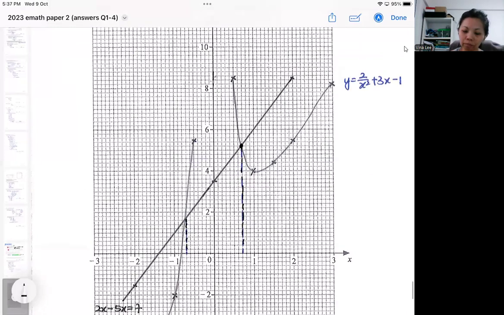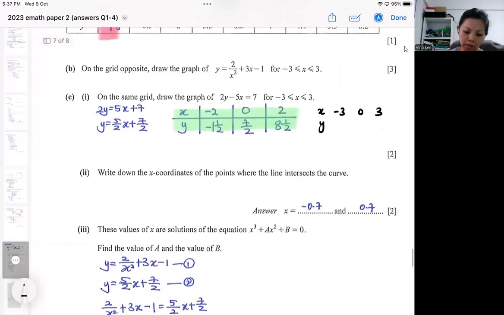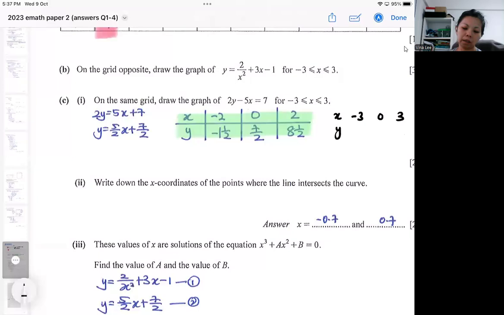You just have to read the intersection and make sure you put your dotted line to indicate the intersection. Okay, the next part is a very typical one. But for some of you, sometimes you keep forgetting how to do this. So these values that they are mentioning are these 2 values. So these 2 values are the solution to a cubic equation.